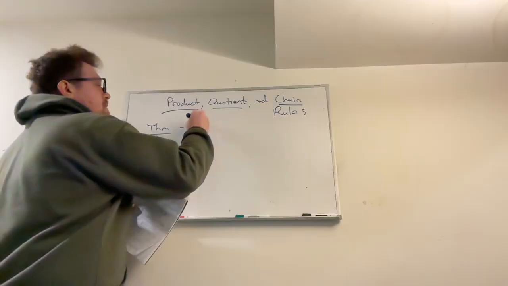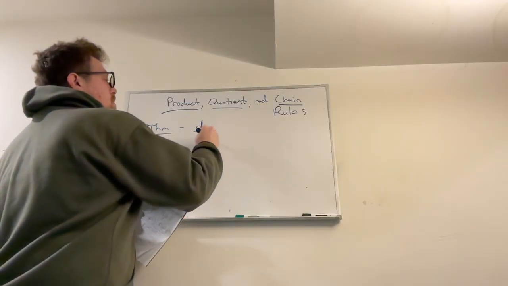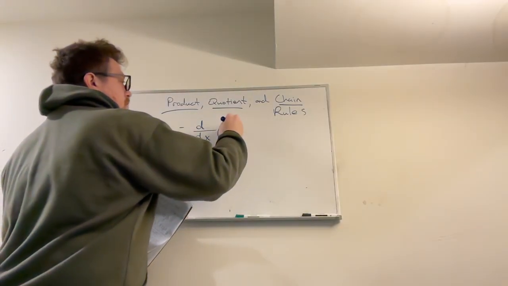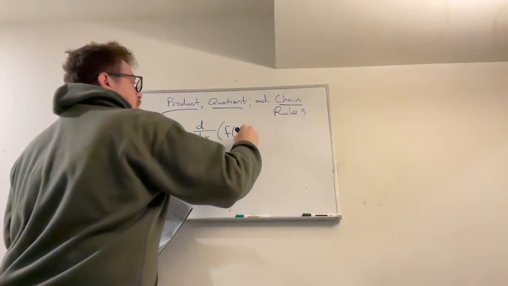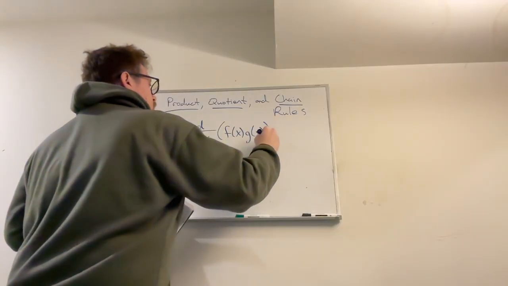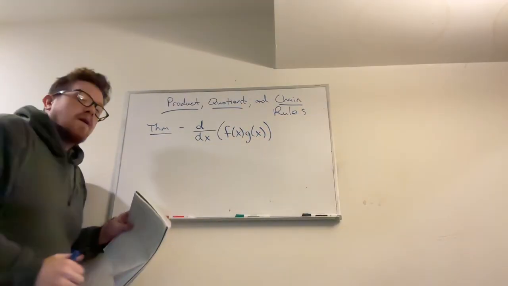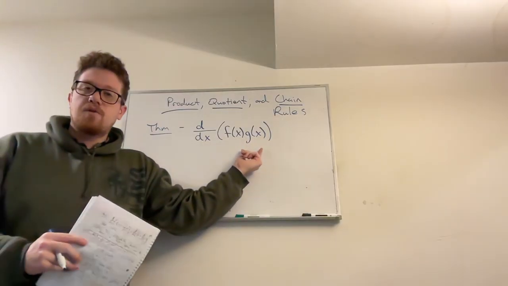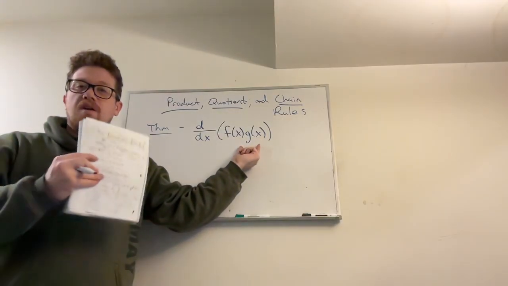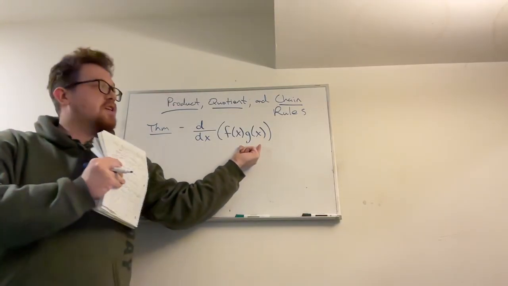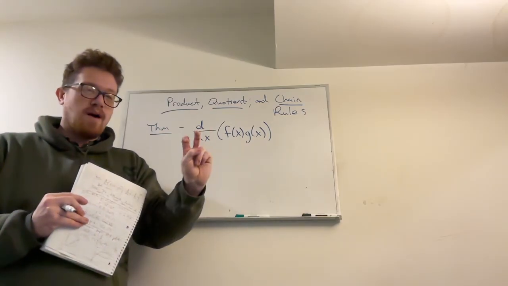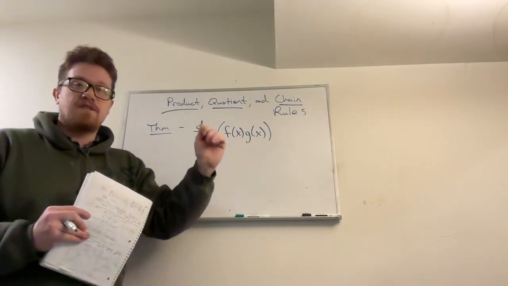So the derivative of a product of functions. When we had the product of two functions and we wanted to know what the limit of the product was, we could just multiply the two. This is slightly more complicated. You can't just multiply the derivatives, and this is important.